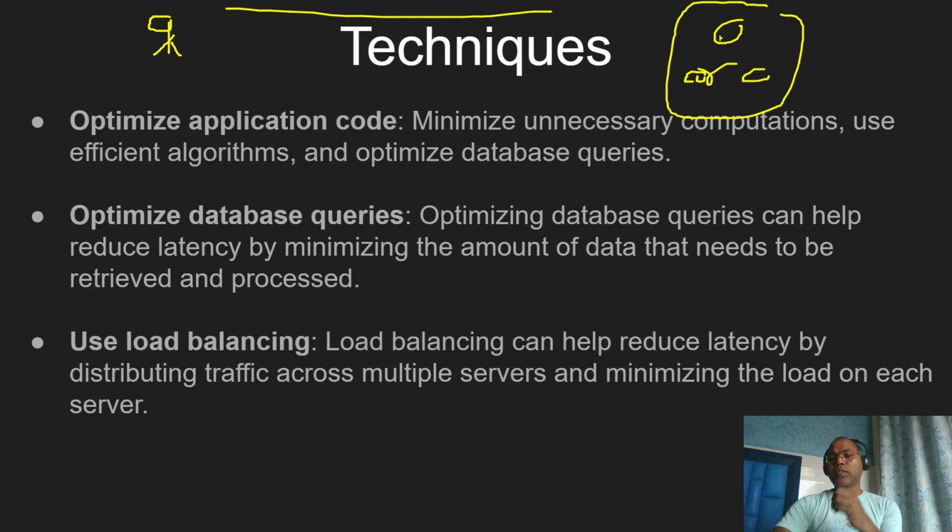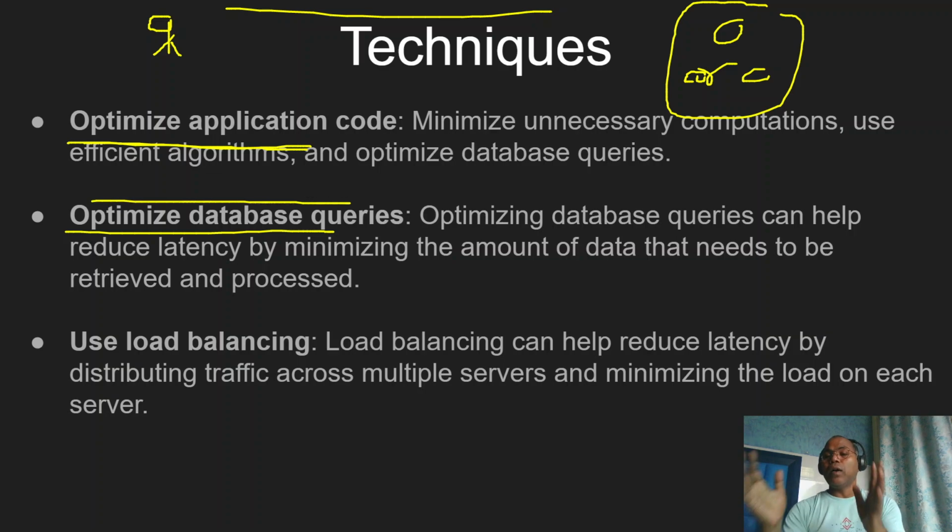Application side also means whatever code you're writing, optimize your code first, minimize unnecessary computation, and use effective algorithms. Whatever database query you have written, try to write an optimized query, use cached queries, use stored procedures and functions, and where possible apply indexes. We have lots of mechanisms and techniques available at the application side.